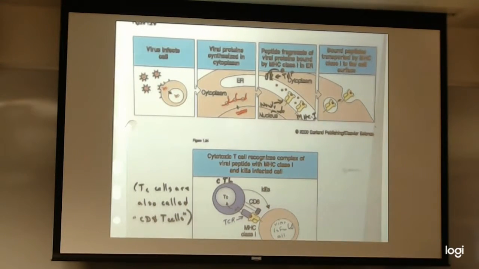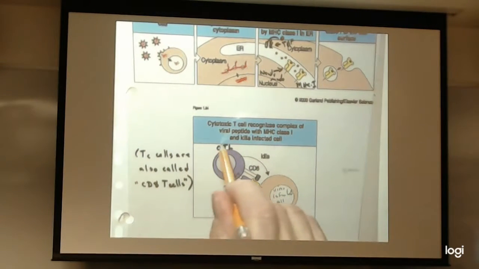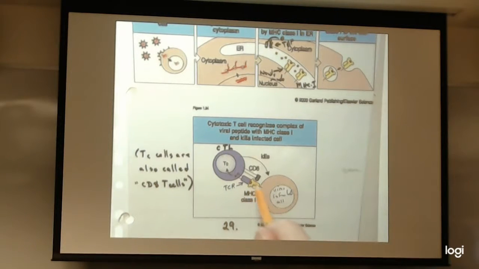Now, this already gets us right to talk about more. The reason that killer T cells can recognize foreign proteins on class 1, but not on class 2, is because these killer T cells express the CD8 protein. When they first come out of the body, we call them CD8 T cells because they express the CD8 protein together with the T cell receptor.